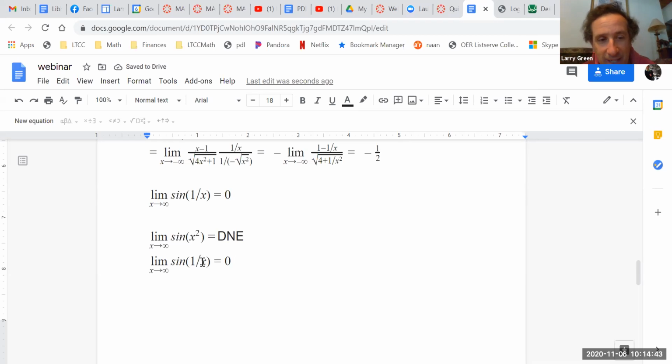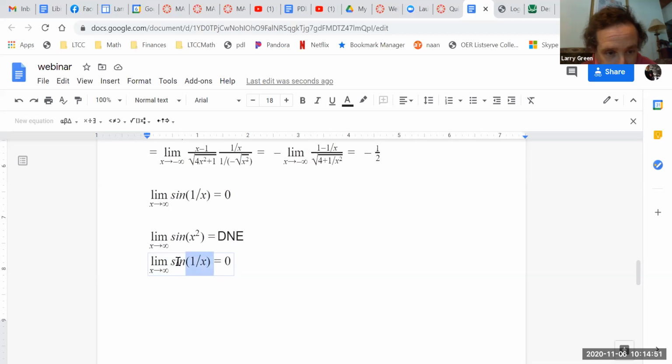Let's do one more quickie in the 1 minute left. How about the limit as x goes to infinity of x times the sine of 1 over x?